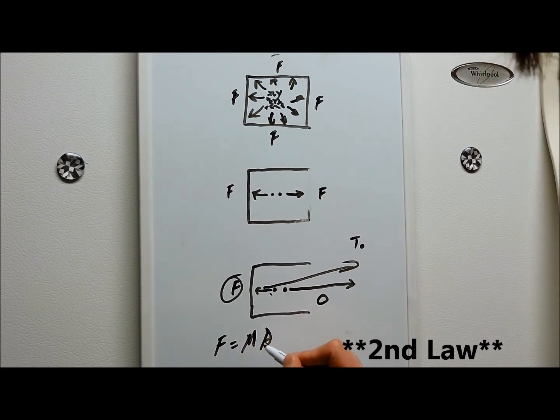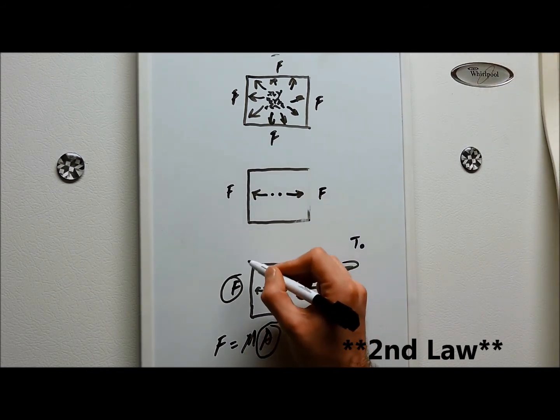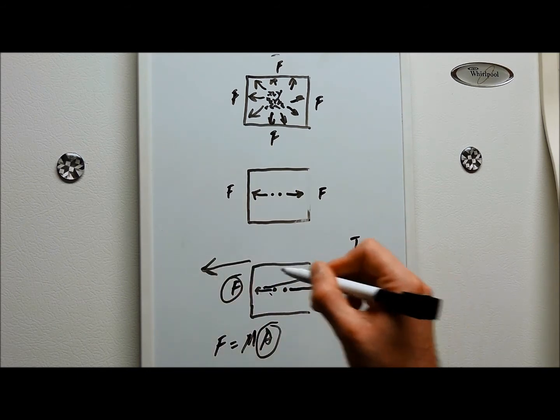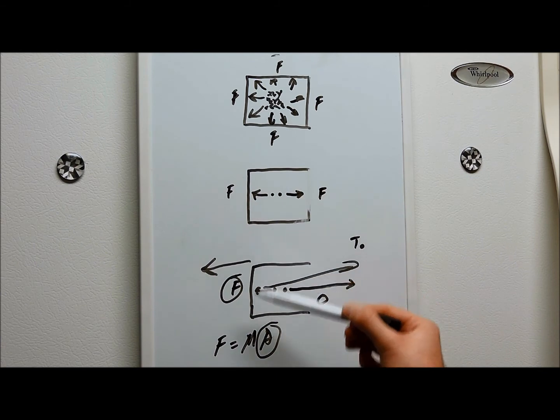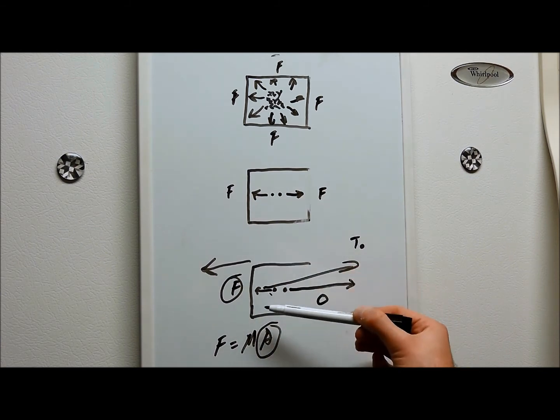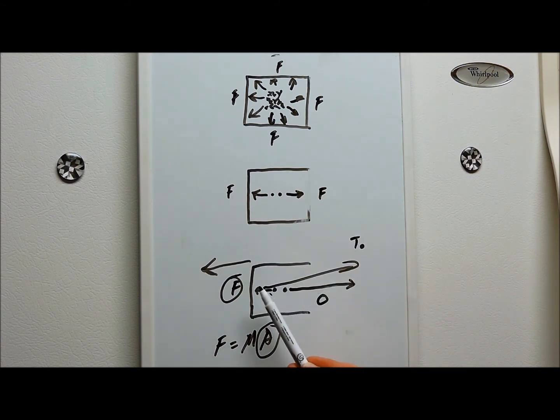When we apply a force to a mass, we get an acceleration, and this box would then accelerate in that direction, regardless of this particle interacting with nothing, just going out into the vacuum of space. Because this particle is still traveling in that direction, it still keeps its momentum, it still keeps its inertia, it's still going to interact with that side of the box and create a force before it eventually will fly off into the vacuum of space.